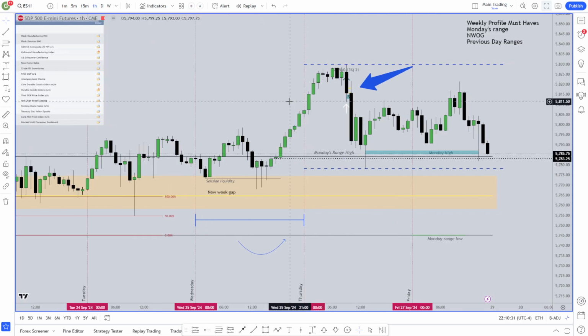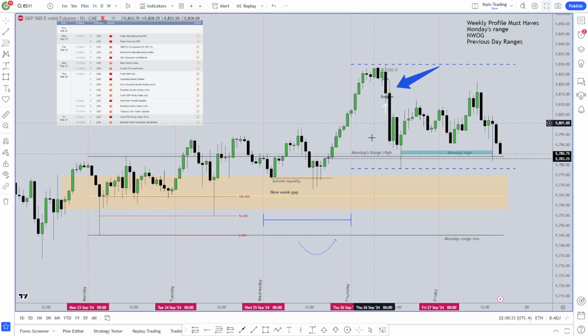So like I was saying earlier, when you have this type of profile where price is not giving you a Monday midpoint test, then you are fully anticipating that we'll stay within that Thursday range. And that's a key signature of this Monday low profile. When you get Wednesday only using Tuesday, then Thursday is going to basically contain the rest of the week.